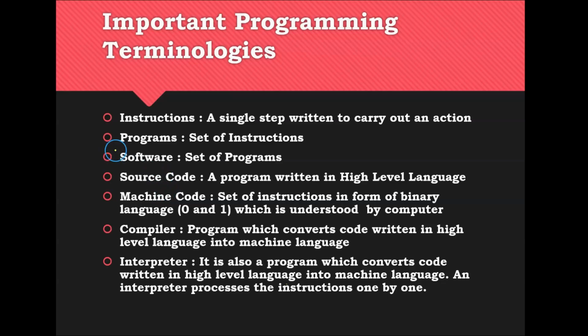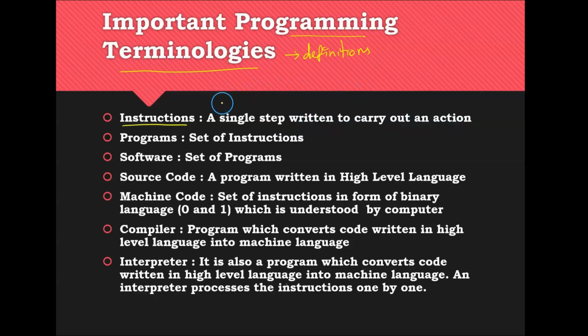So what are the important programming terminologies? Terminologies are nothing but the definitions you should know. Definitions are part of the chapters, so these are the key points you should know. The first terminology is instructions. What is meant by an instruction? A single step written to carry out an action.